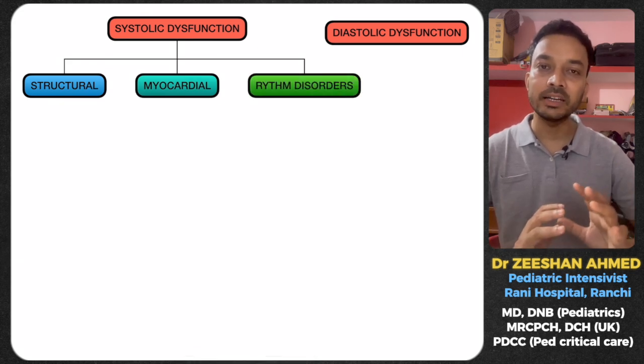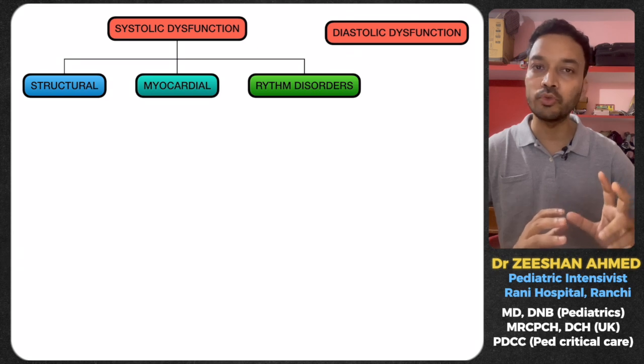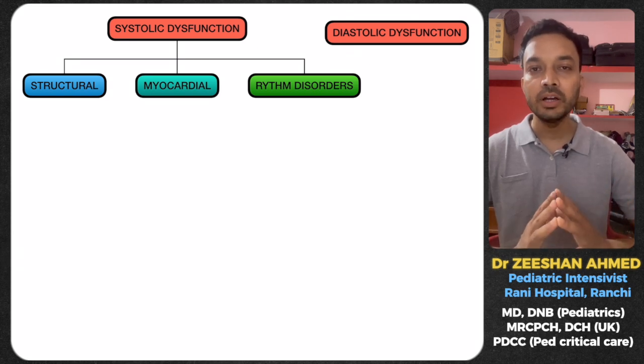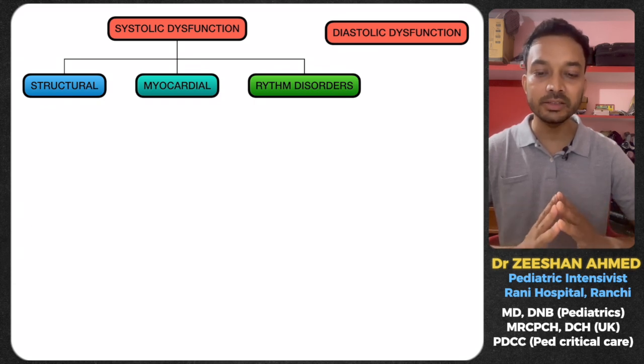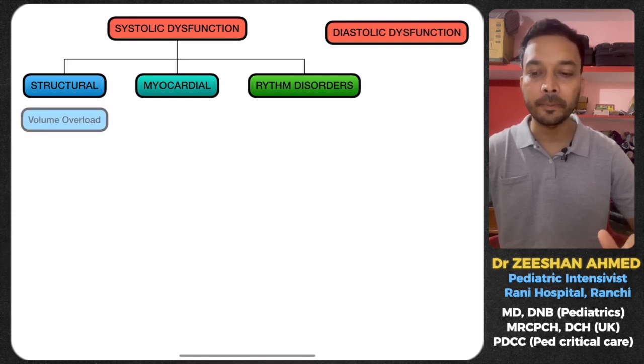Unlike in adults, where ischemic heart disease is the most important cause, in pediatrics ischemic heart disease is not found much. So the three main important causes are structural heart disease, myocardial disease, or rhythm disorders or arrhythmias. First, let's go through structural heart disease.